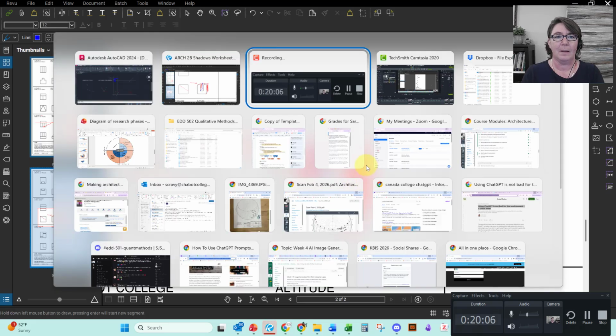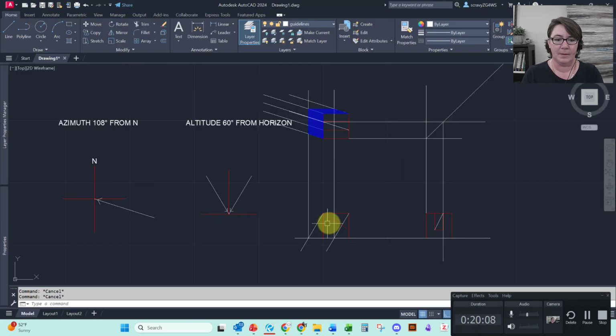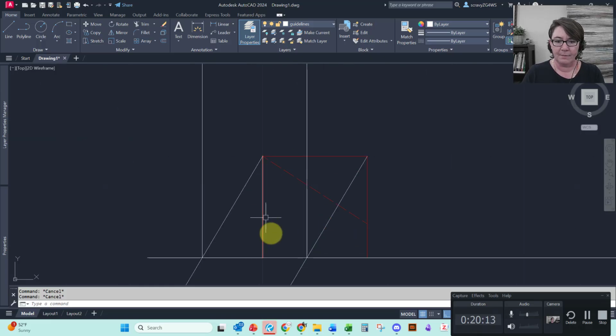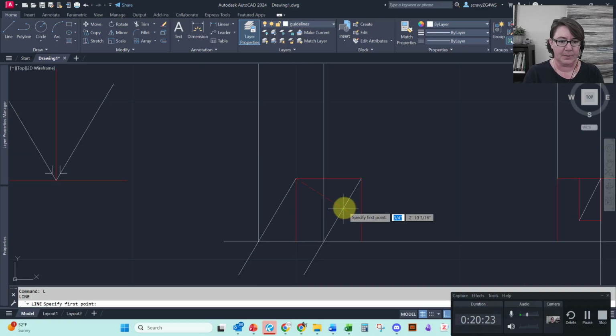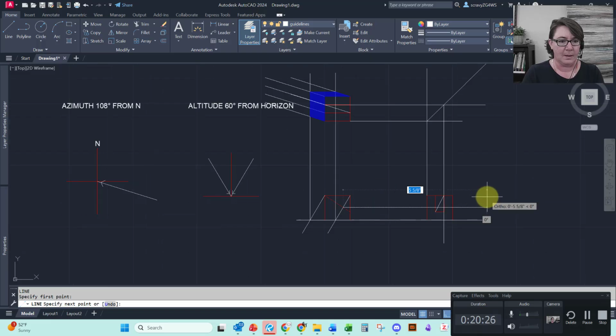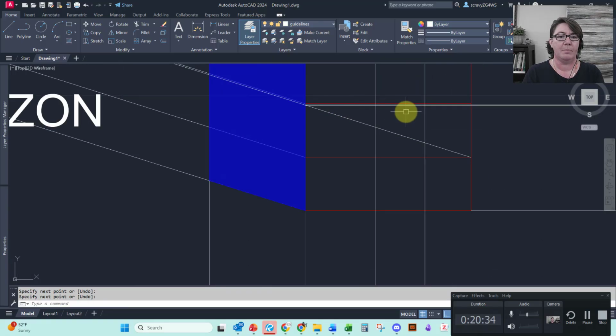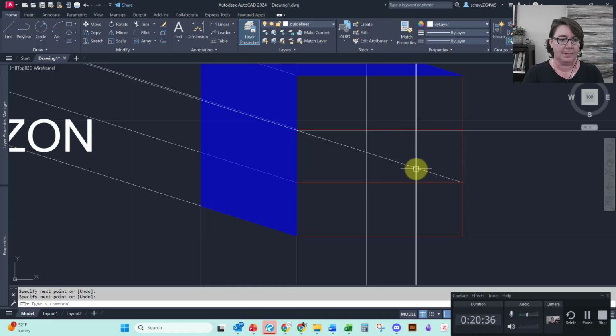Coming back to this one, what we're interested in is, in the front view, the shadow of this corner and where it hits on this dashed line. So I'm going to take that across and across. In the plan view, that was the intersection we're talking about.